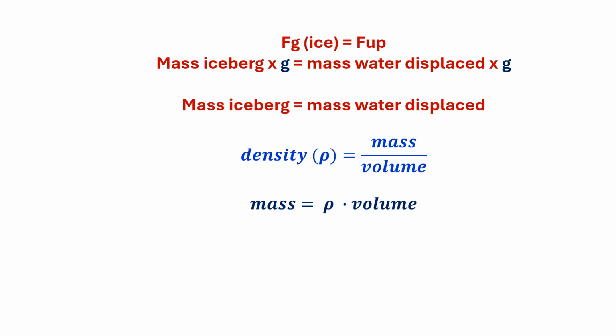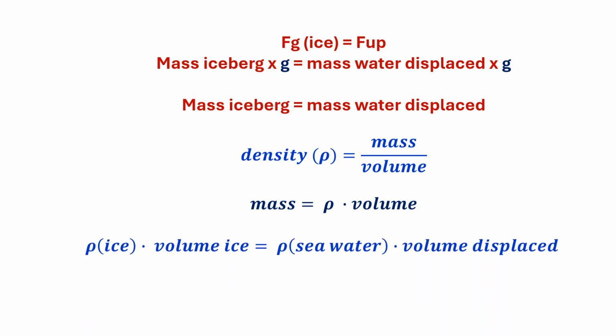Now let's do our substitution for each term of this equation. On this side, the mass of the iceberg is the density of the iceberg times the volume of the iceberg. And the mass of the water displaced is the density of the seawater times the volume displaced by the iceberg.